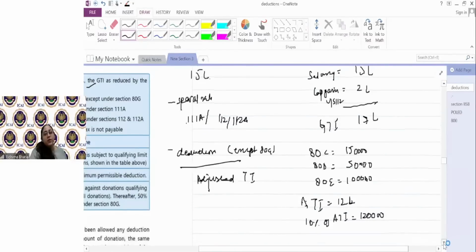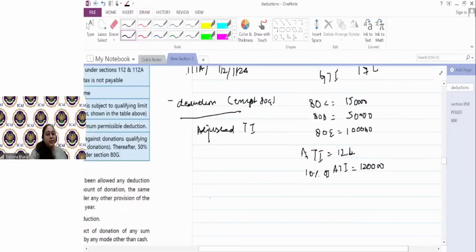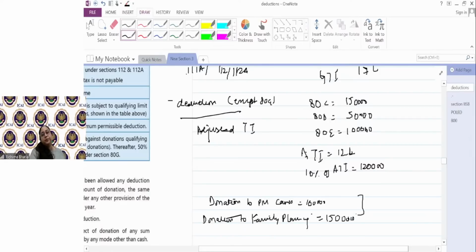Simple. Now, if a question comes to you, a person has made donation to PM Cares Fund of 1 lakh and a donation to a government organization for family planning of, say, 1,50,000. So what is the total donation under section 80G? What you will do? 1,20,000.